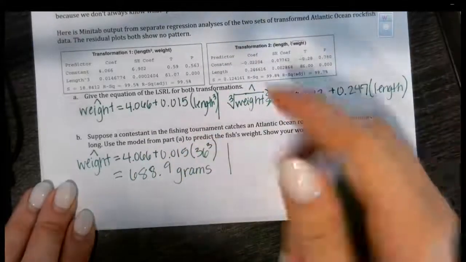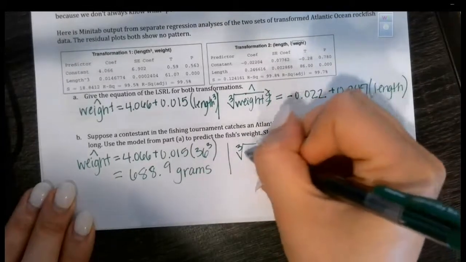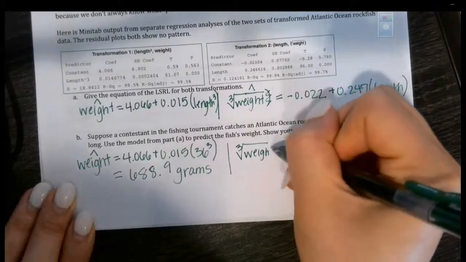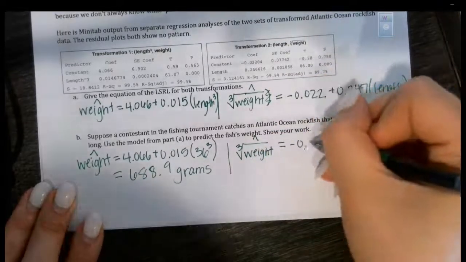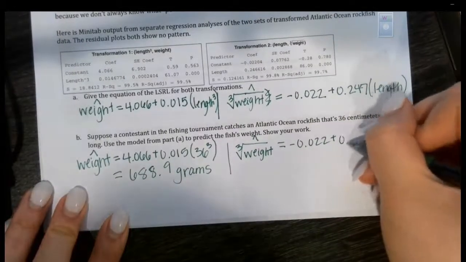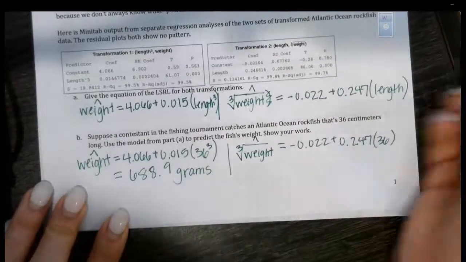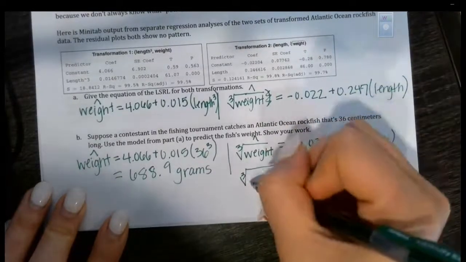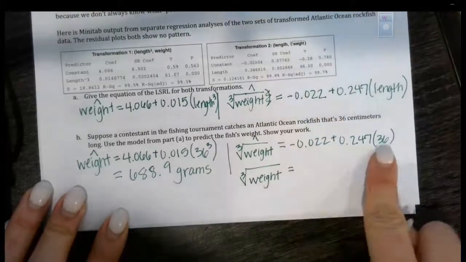Now if we use this equation here, then the cube root of weight is going to be equal to negative 0.022 plus 0.247 times 36, and because we still have the cube root, we have to make sure that we cube both sides after we calculate this.